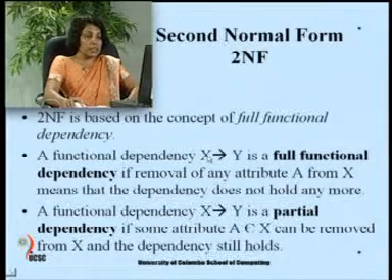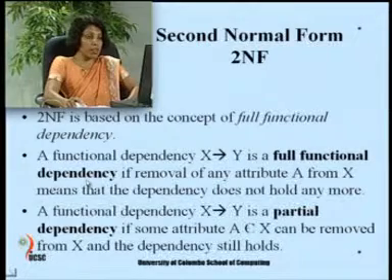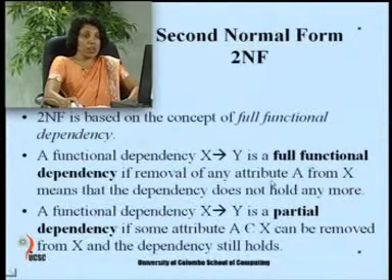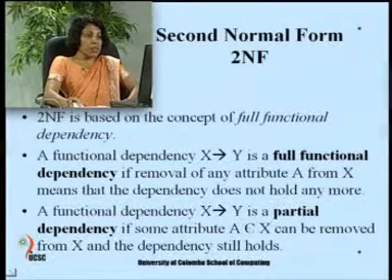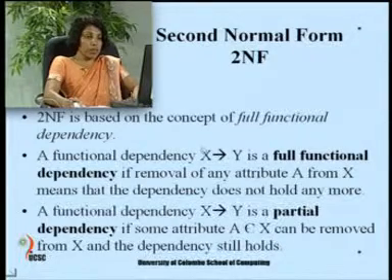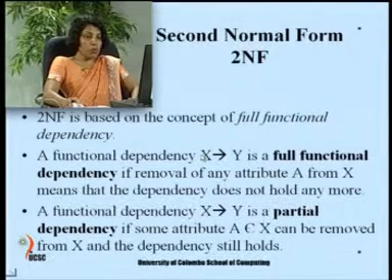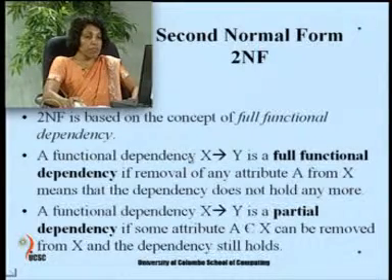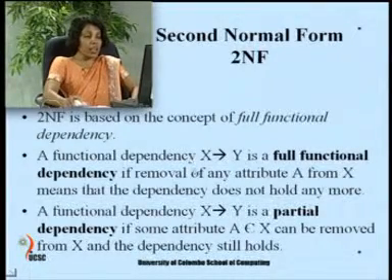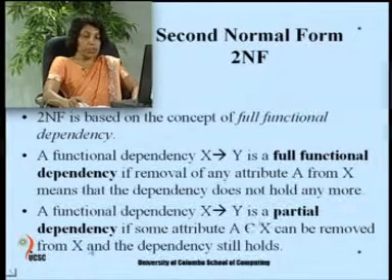If x is the determinant of y, then we say that there is a full functional dependency if removal of any attribute a from x means that the dependency does not hold anymore. x could be one attribute or a set of attributes.